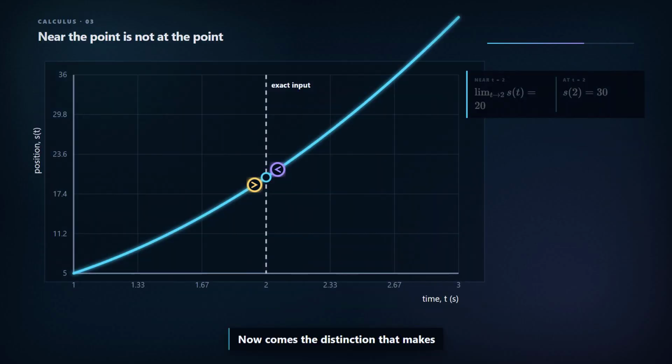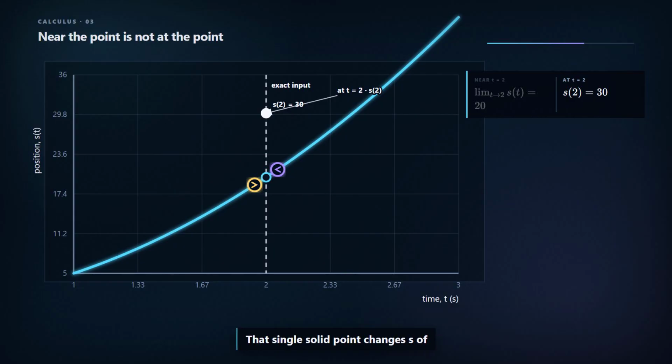Now comes the distinction that makes limits useful. A limit asks what happens near the input, not necessarily at the input. The graph may have no value at t equals 2, yet both probes still approach 20. Or the computer could store a corrupted value of 30 at exactly 2.